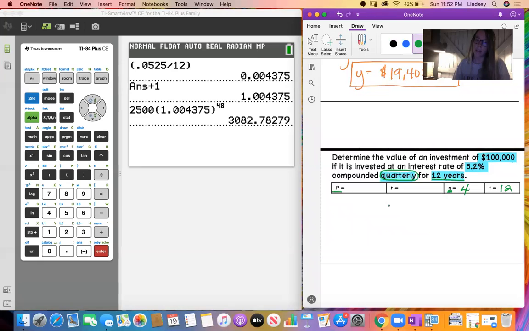All right, so the amount that we're starting with was $100,000, and then it's increasing at a rate of 5.2%, which we have to move that decimal, so it's 0.052. All right, and then we are going to plug all of that into our equation.